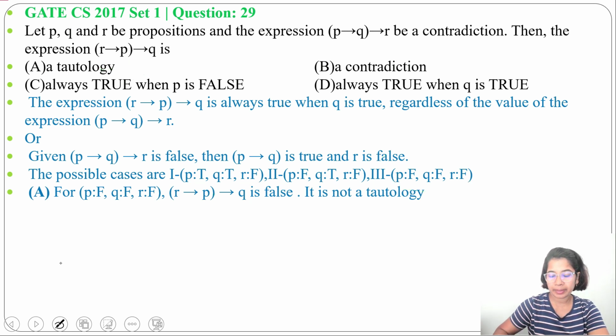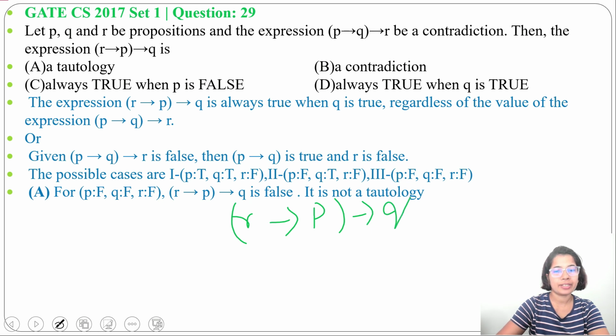Next, option B is a contradiction. Let's check. Is R implies P, whole implies Q a contradiction or not? Contradiction means it should be always false. Now in case 1, R is false, P is true. False implies true, it's true. Then true implies true, it's true.